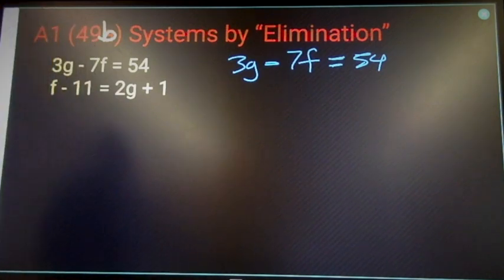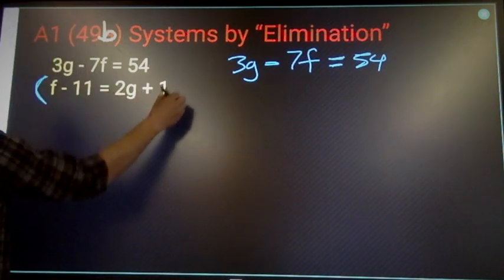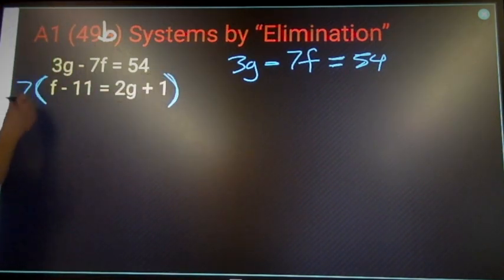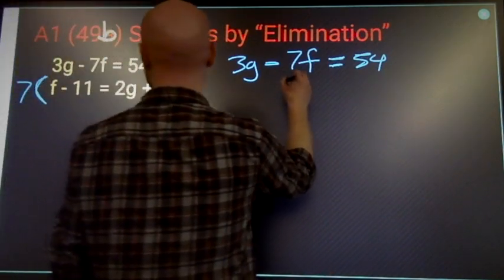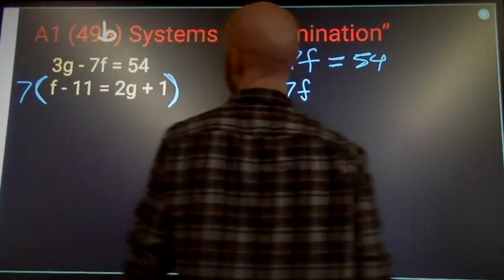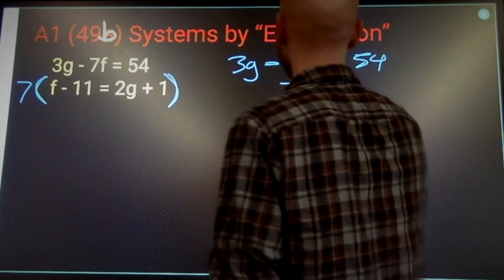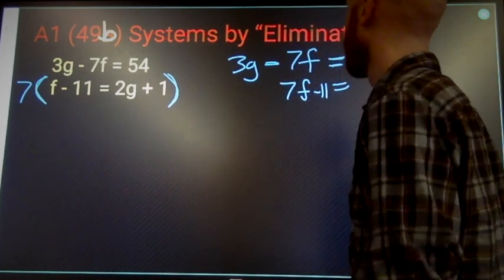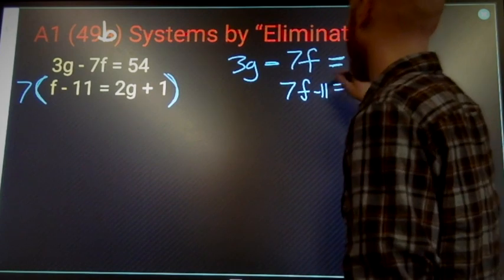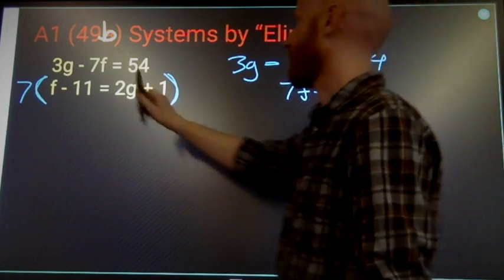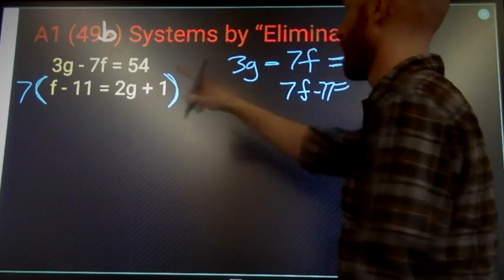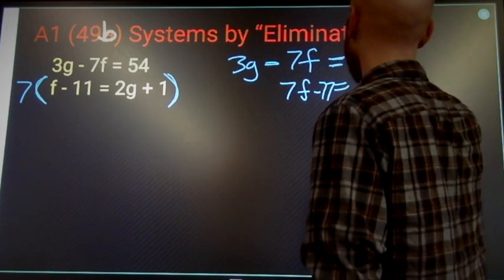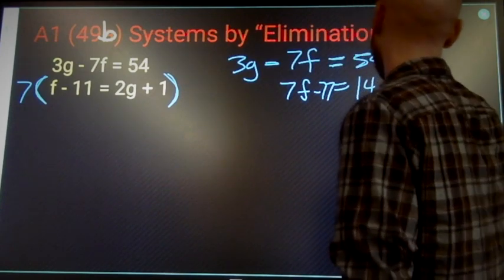Okay, I'm gonna multiply this second equation by 7 so that I can have a 7F. All right, so, and I'm gonna write it like this. 7F, or not minus 11 though, because I got to multiply everything by 7. 7F's minus 77 equals 7 times 2, 14 G's plus 7.